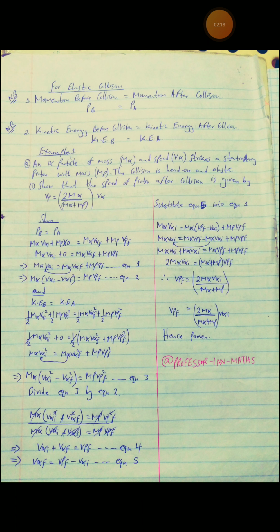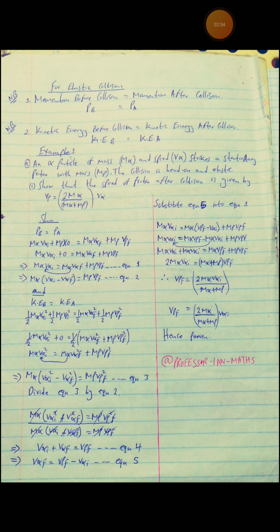Therefore, we have m alpha v alpha initial, that is the momentum for the alpha particle, plus 0 is equal to momentum after collision for the alpha particle plus momentum after collision for the proton. And our equation 1 becomes m alpha v alpha initial is equal to m alpha v alpha final plus mp vp final.